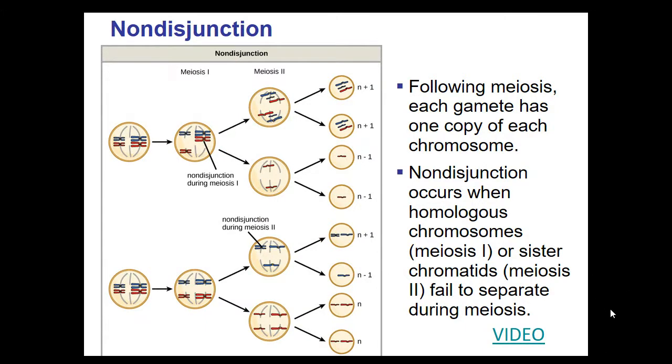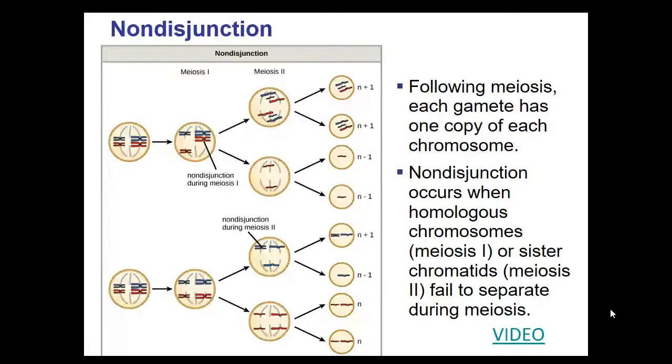So here's some cases of non-disjunction. So what's going on? The non-disjunction during meiosis 1, when the chromosome pairs are supposed to separate, one from each pair goes into each daughter cell, but in this case, the long chromosomes, they didn't separate like they're supposed to.